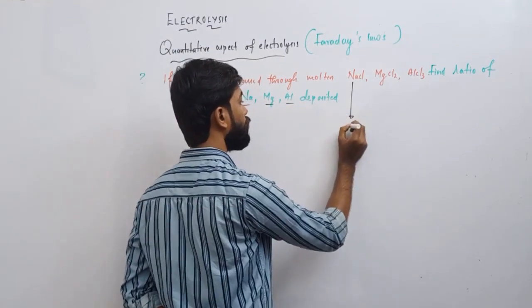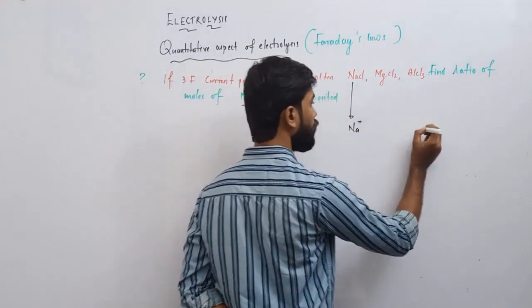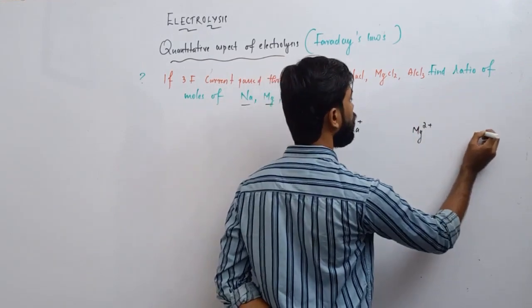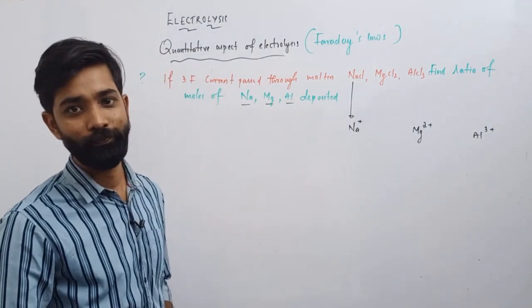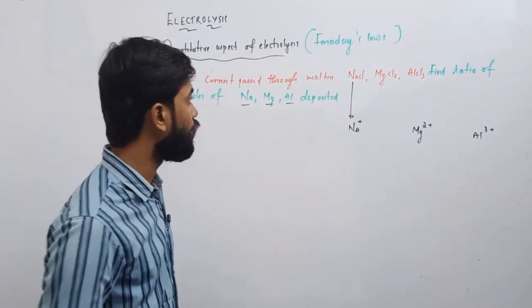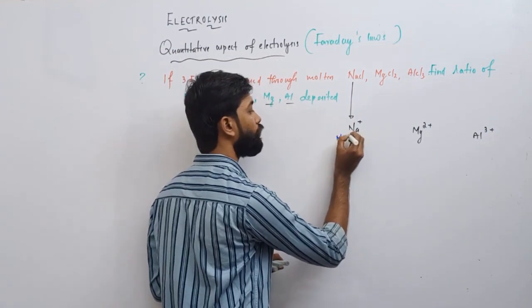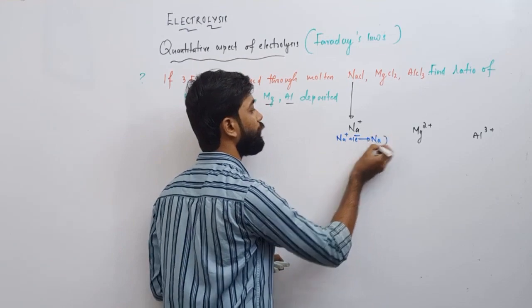So we simply choose the Na plus from here, Mg2 plus from the second one, Al3 plus from the third one. Okay. So it is clear how the reduction takes place. Na plus 1 electron gives Na.